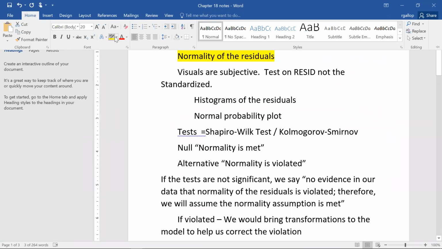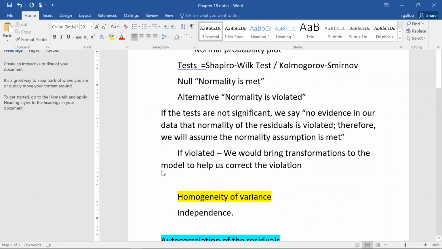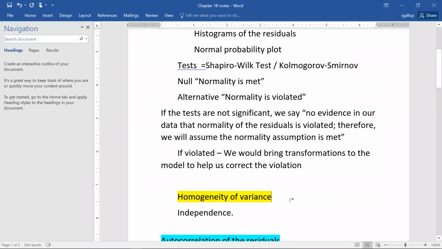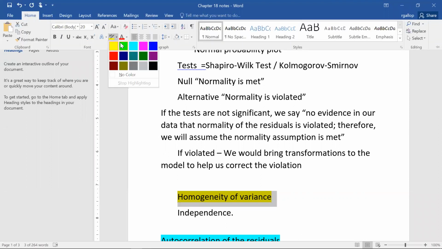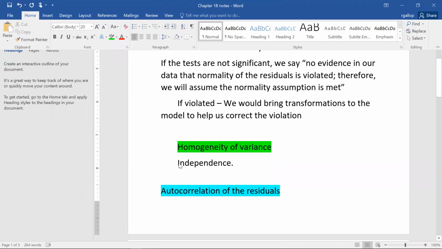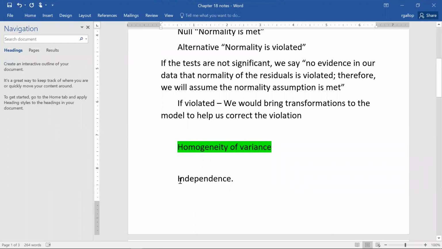I'll make this yellow. If I go here, make that guy green. This guy goes with the blue.